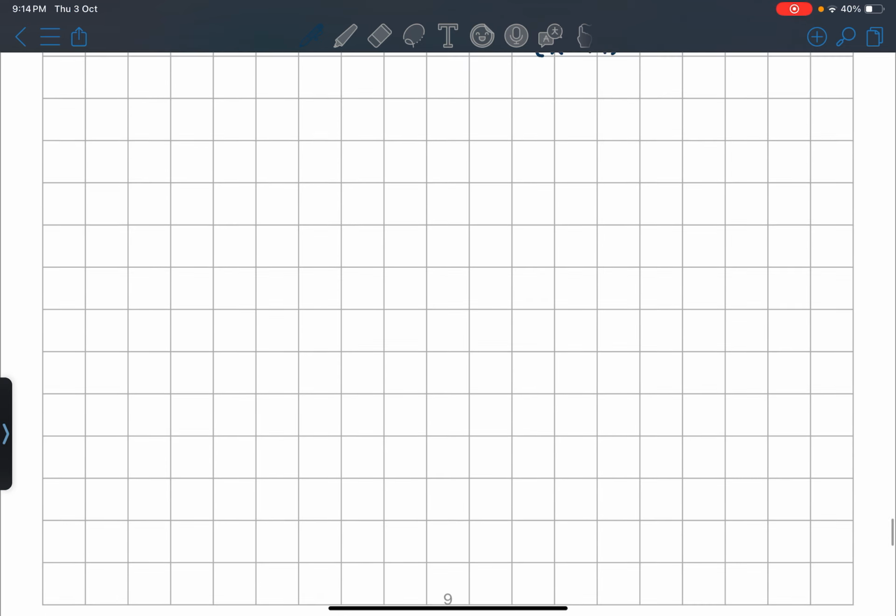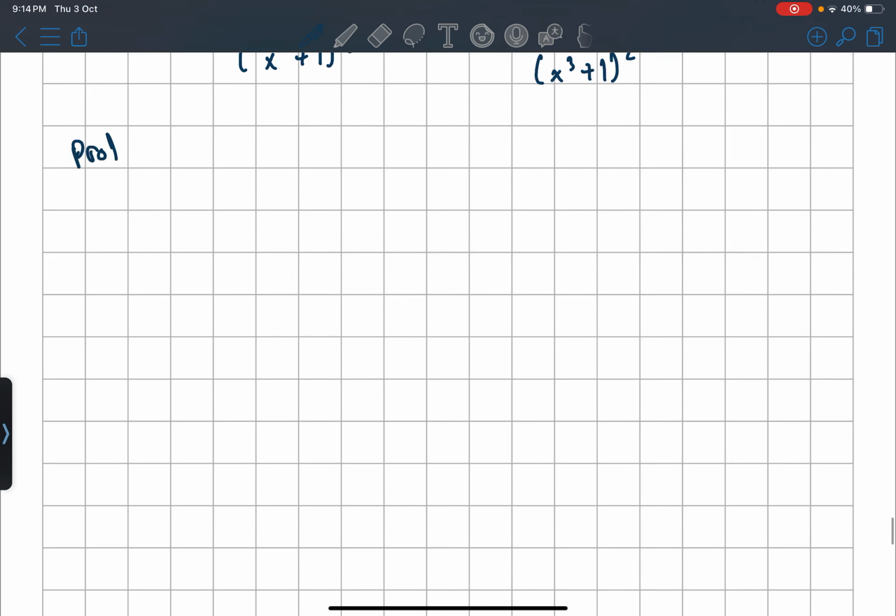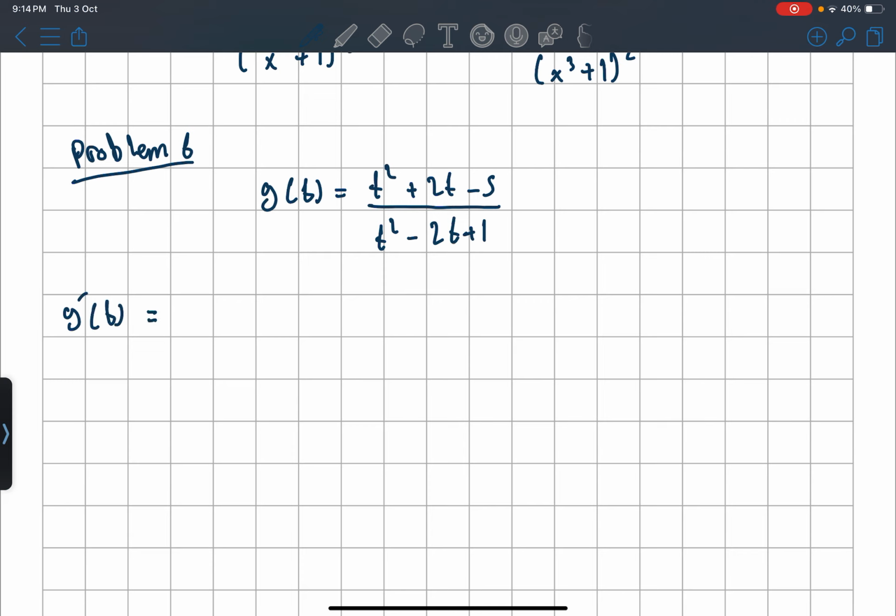Next we have problem 6. Here we have g(t) equals t squared plus 2t minus 5 over t squared minus 2t plus 1. You have to get the g prime of t. Okay, so we have to find the derivative of the numerator.